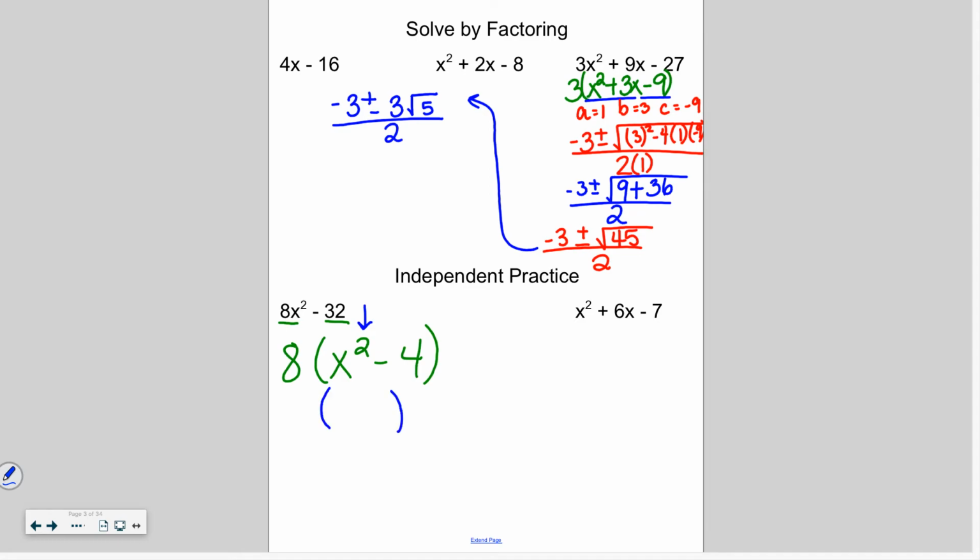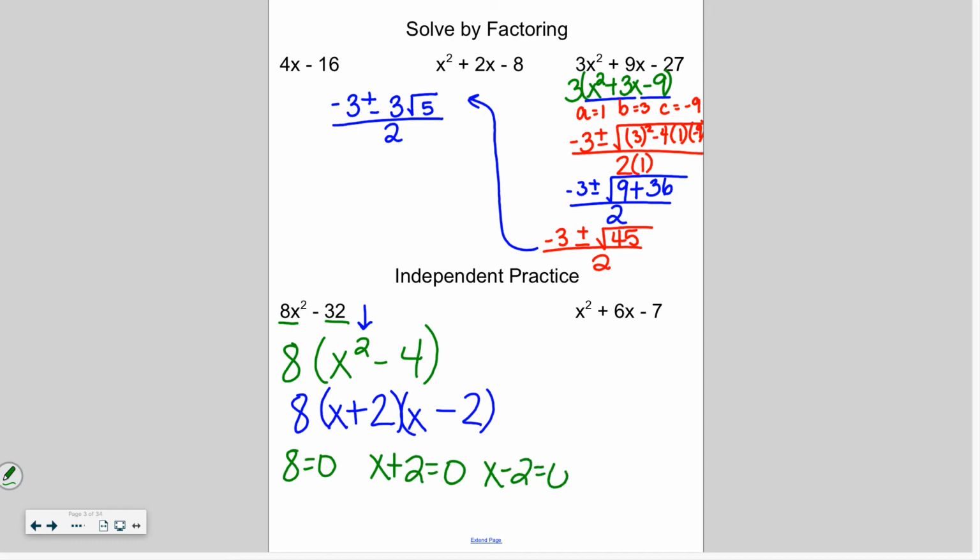The square root of x squared is x. The square root of 4 is 2. So remember, one of these will be plus, and one of these will be minus. Now I can set it all equal to 0 and solve. So 8 is equal to 0, x plus 2 is equal to 0, and x minus 2 is equal to 0. Well, we know that 8 does not equal 0, so that's not one of our options.